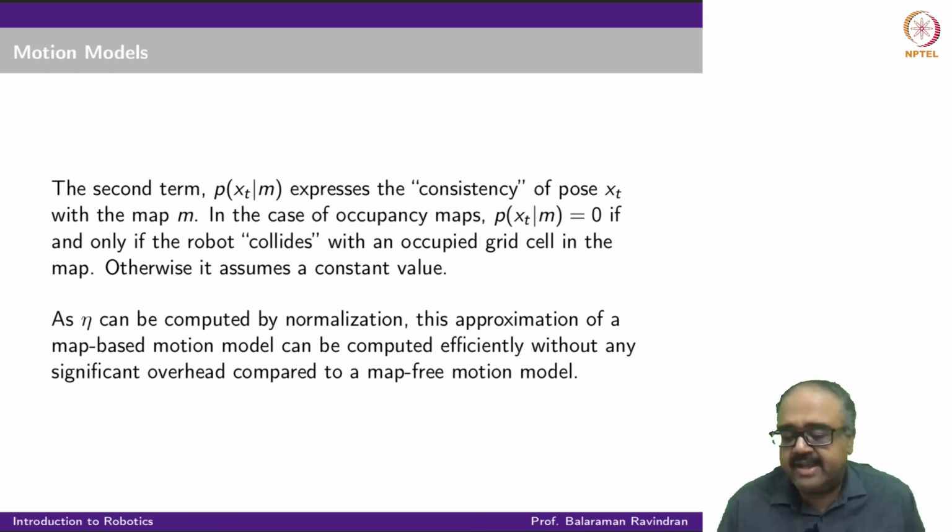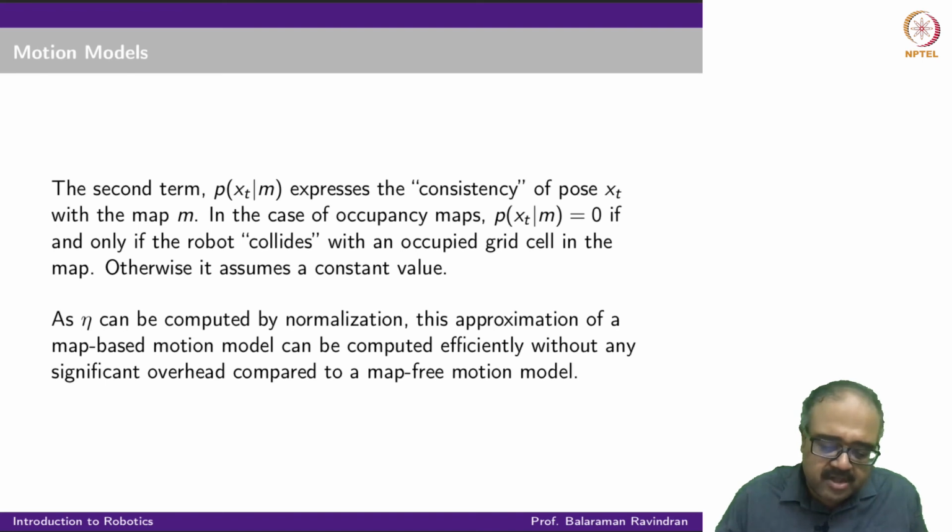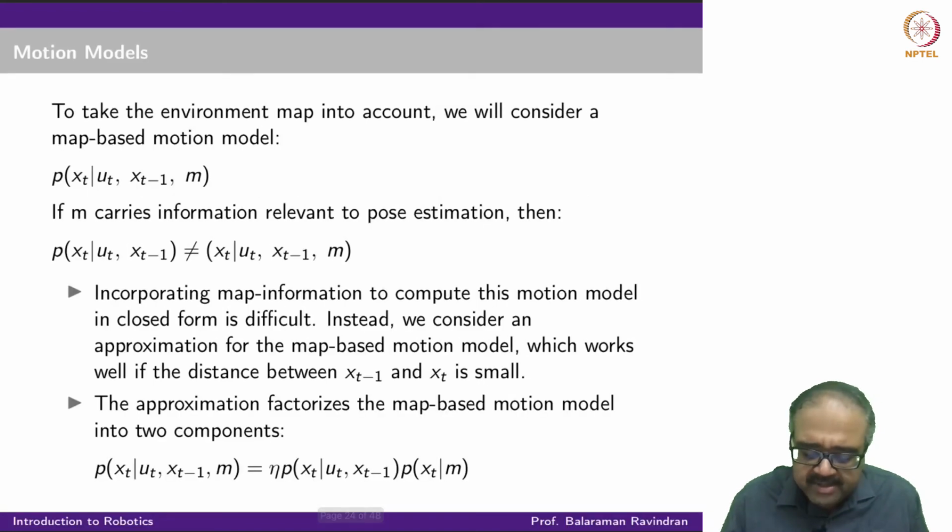So it becomes a very easy case now. If xt is actually an occupied grid cell in m, then the probability is 0. If the map says that xt is free, then it will have some constant value. So the computation is not any complex. Basically the original motion model will either be multiplied by a 0 or by a constant.